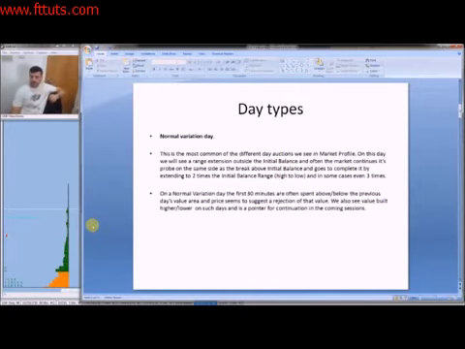On a normal variation day, the first 30 minutes are often spent above or below the previous day's value area, and price seems to suggest a rejection of that value, and then we see value built higher or lower on such days. It is a pointer for continuation in the coming sessions.